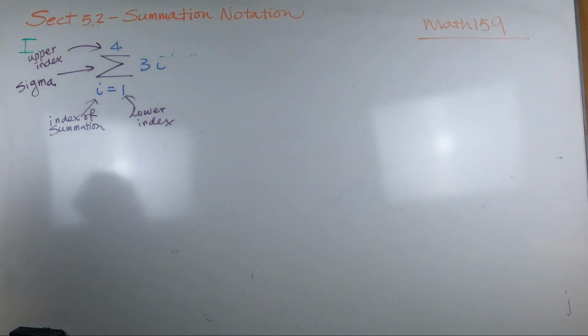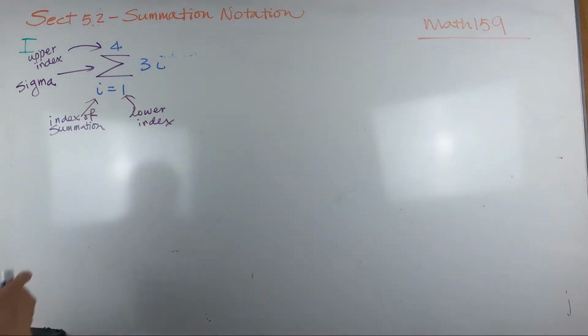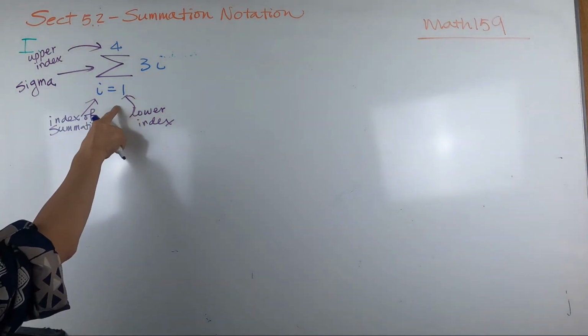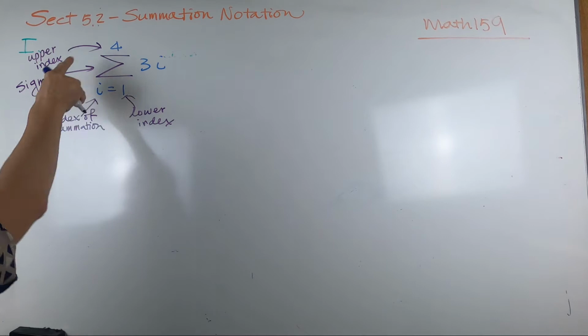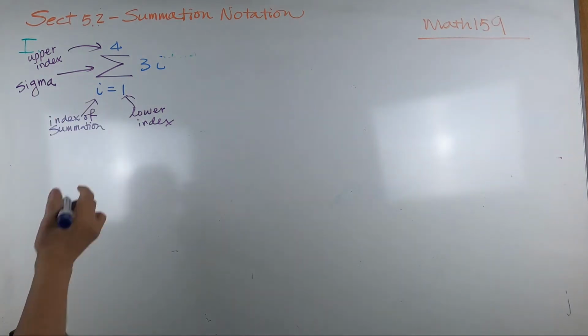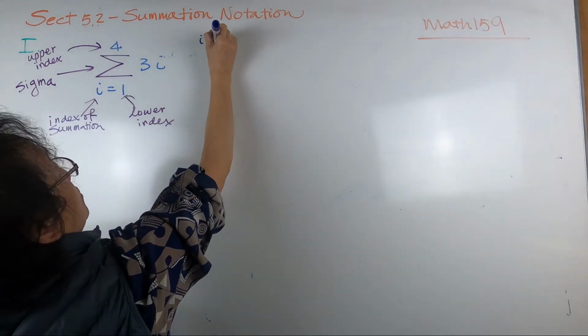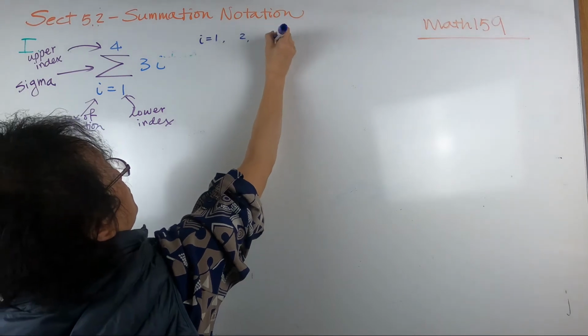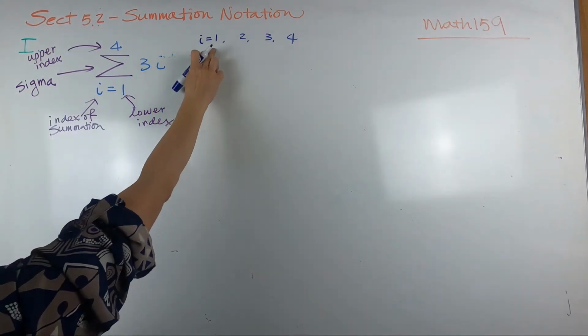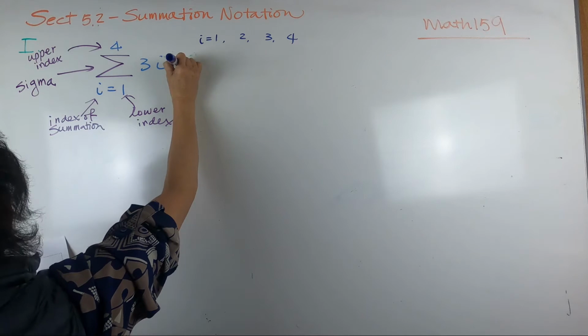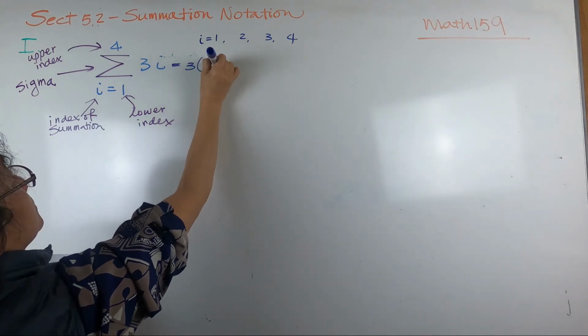So for sigma sum, what do we need to do? It means I'm going to sum up the 3i, where i starts from 1, the lower index, to the top, 4. Means my i can be 1, 2, 3, 4. When i is 1, that means 3 times 1.